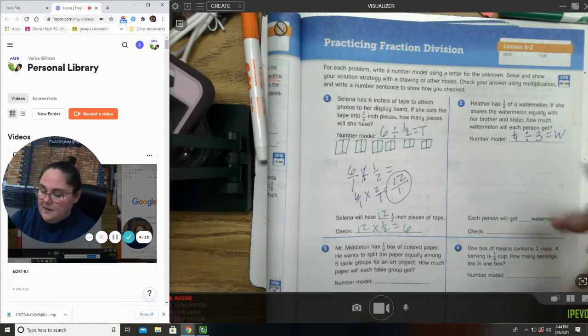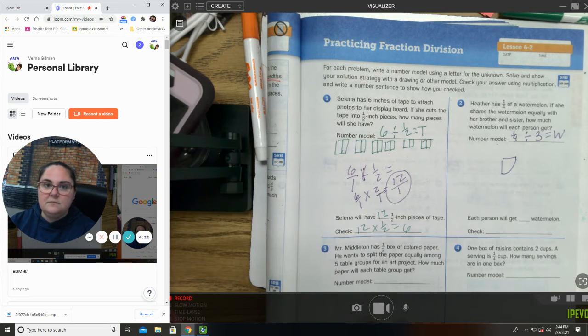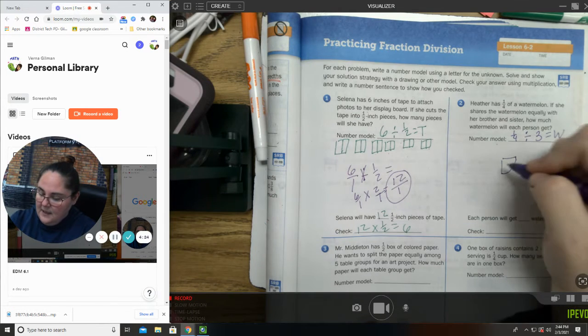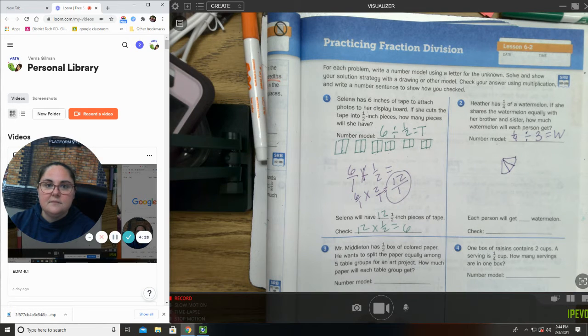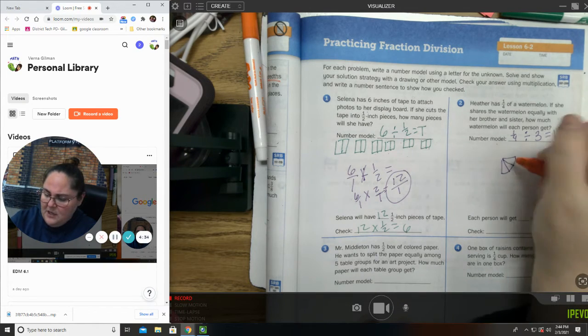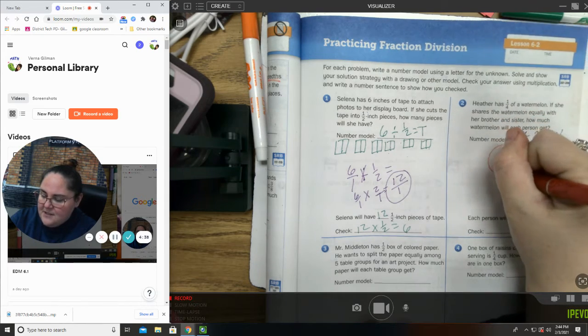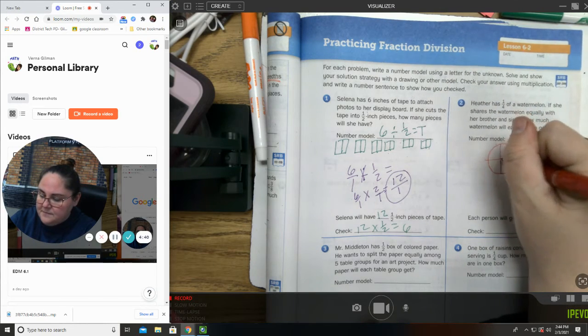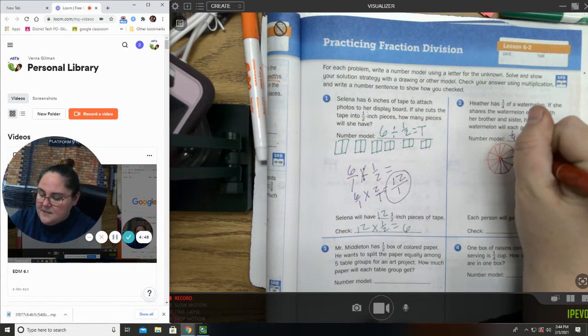All right. There's my 1/4 of a watermelon. And I'm splitting it into thirds. Now, for the picture, you kind of have to use your imagination a little bit. I'm going to switch to my orange color here because we have to imagine that this is a full watermelon cut in the same size pieces.